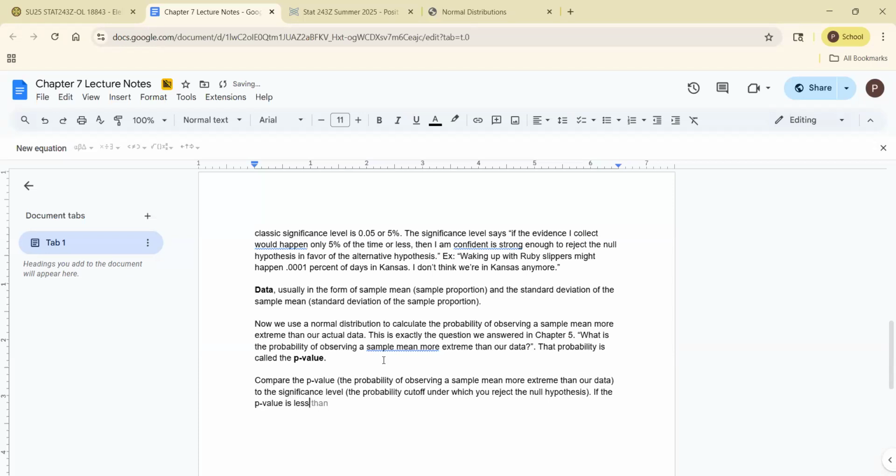If the p-value is less than the significance level, then you say that it is extremely unlikely to have observed my data in a world where the null hypothesis is true. So it is more likely that the null hypothesis is false. I reject the null hypothesis in favor of the alternative hypothesis. And that's how we do a hypothesis test.